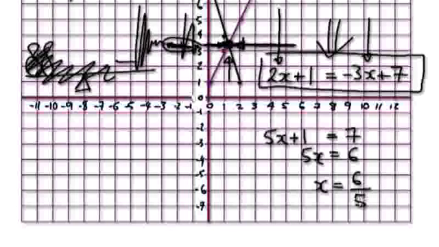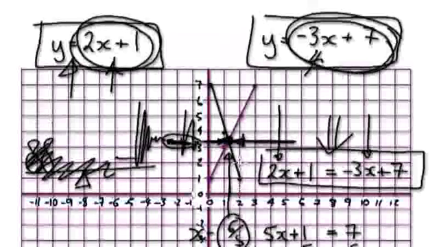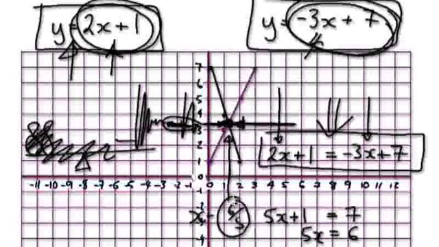So it's 1 point something. My point here is that at the point at which the two lines cross, the x value will be 6 over 5. Now, if you want to know the y value at the point at which the two lines cross, now that you know x, you can put x into here, or you can put x into here, and then you've got yourself the y value.